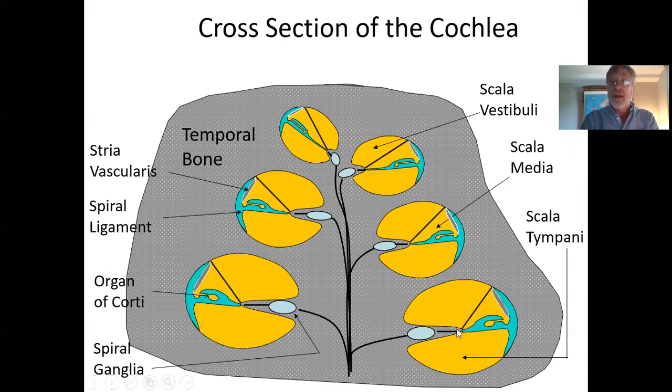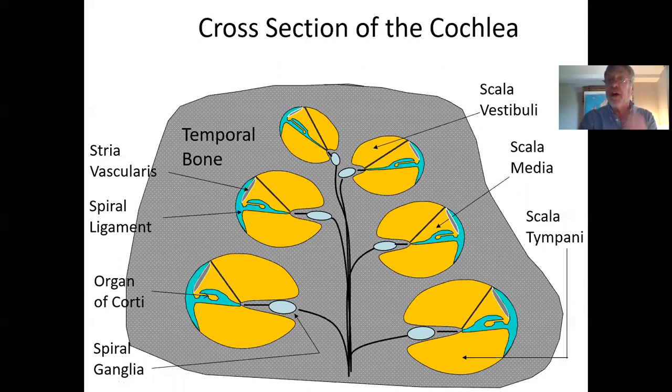All right. Lamina, because it's got layers like laminated plywood. Spiral ligament, spiral lamina. Those two hold the basilar membrane tight between them, and the hair cells would be located right where my cursor is circling. And remember, you've got one row of inner hair cells all the way going up the cochlea.